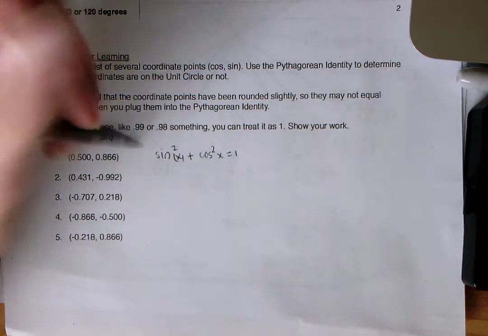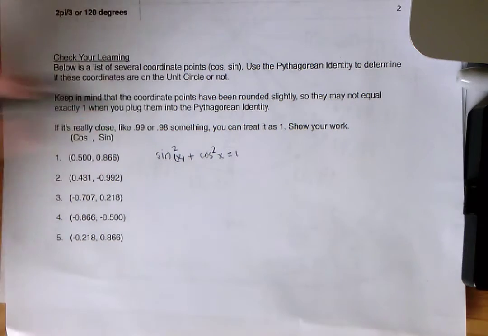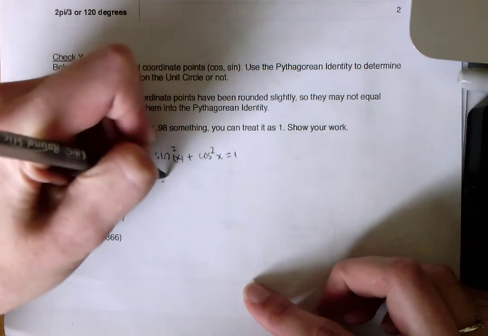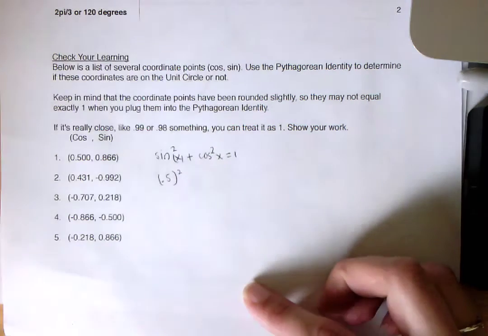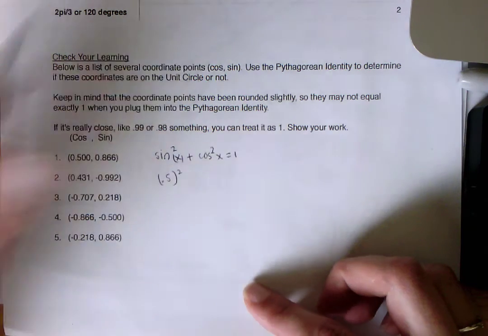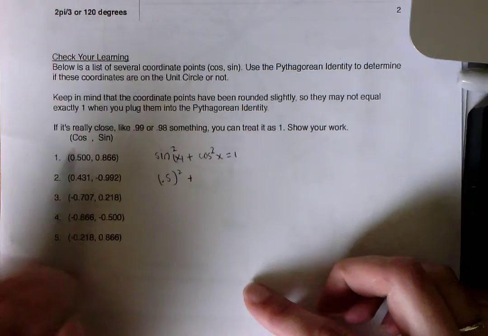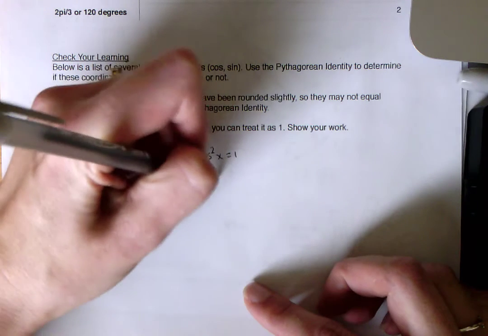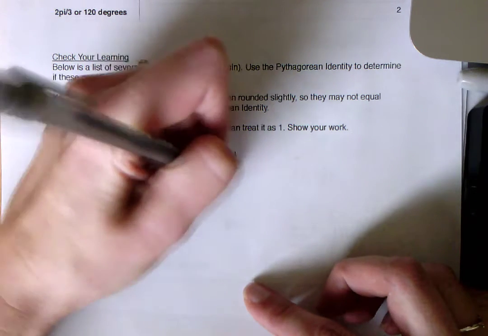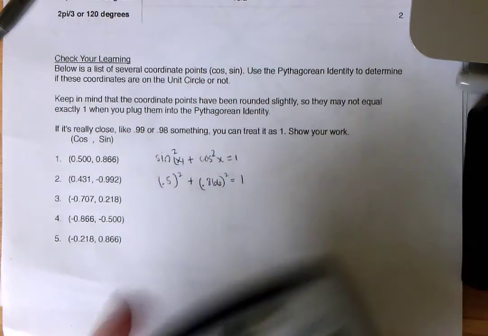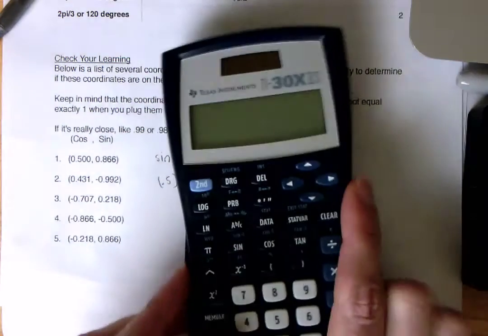So we just have to plug this in. So we take this and say 0.5 squared. That's what we're doing here, 0.500 or just 0.5 squared, plus 0.866 squared, and then we're going to just see if it equals 1. So again, we're doing number 1 here.